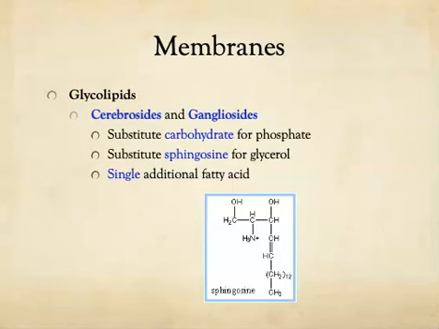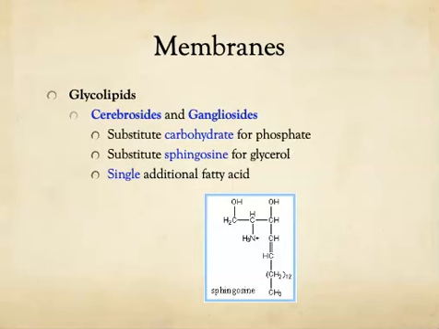The glycerol that we would expect to see in the head is going to be substituted with that molecule called sphingosine. And because sphingosine has essentially a fatty acid within it, we're only going to need one additional fatty acid.